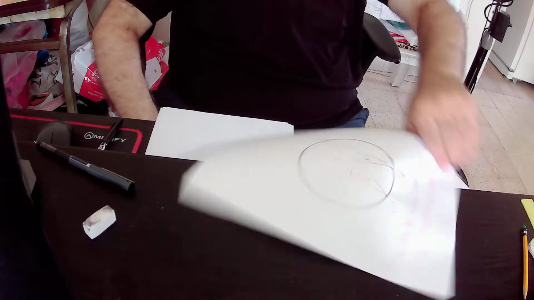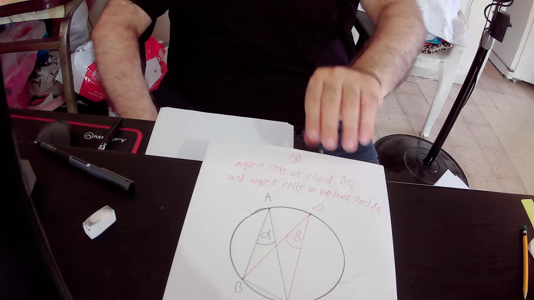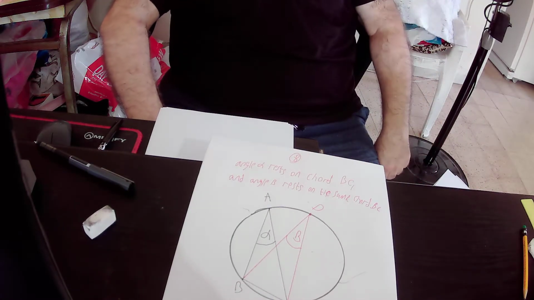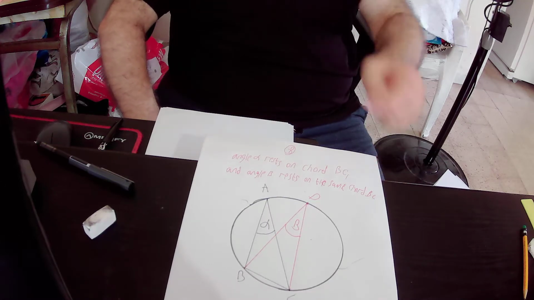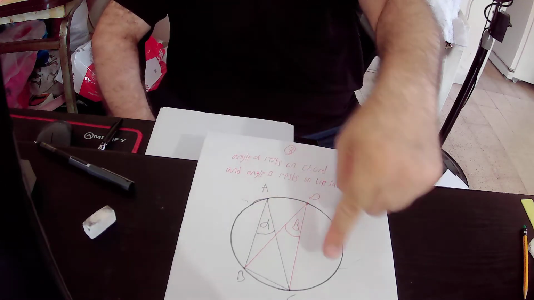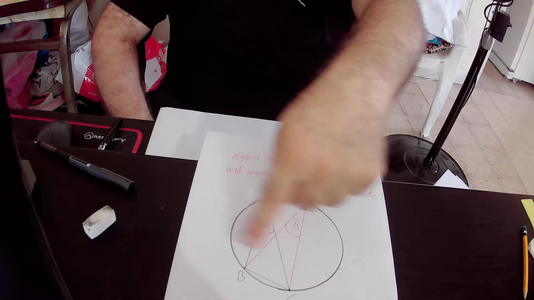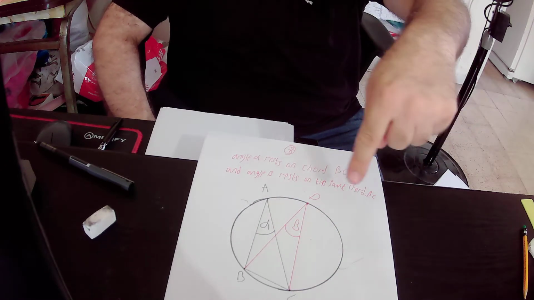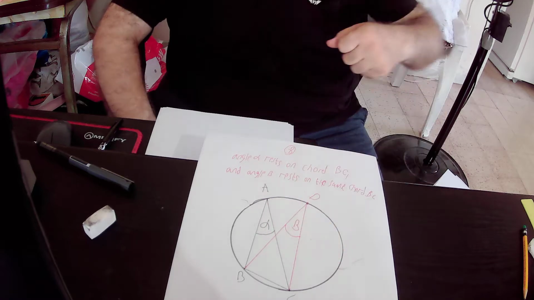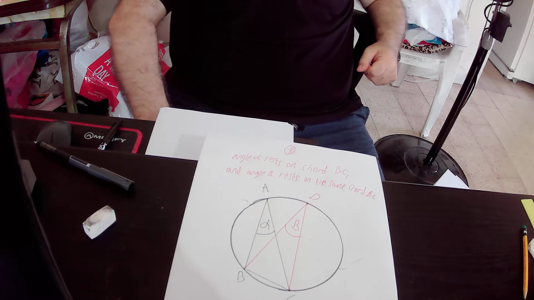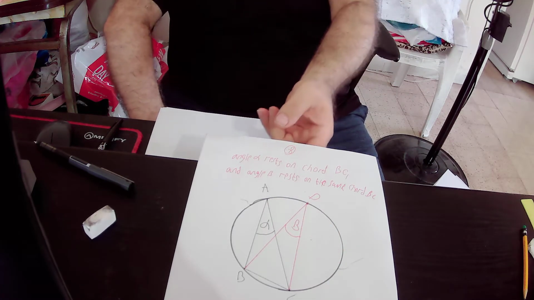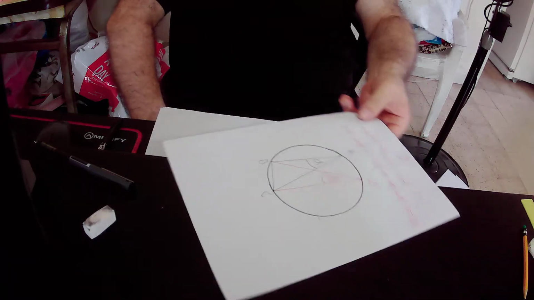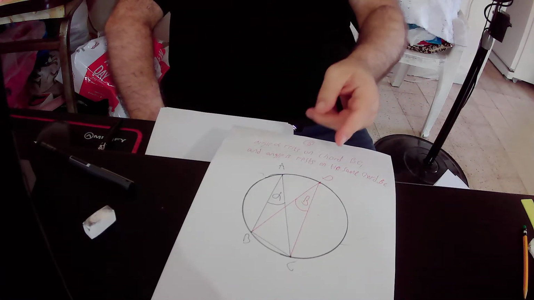Okay, angle alpha rests on chord BC, as you can see, and angle beta also rests on the same chord BC. So according to rule number 2, they are equal to each other.